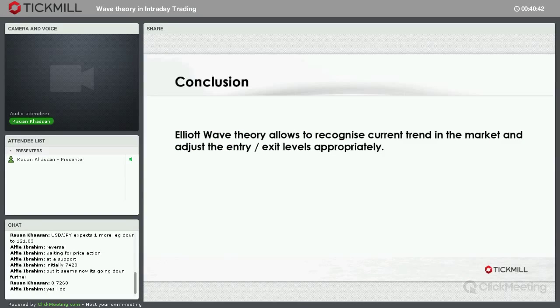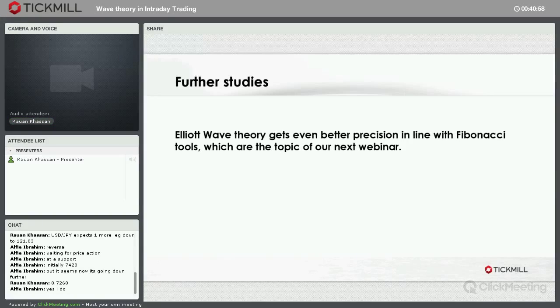So, time for a short conclusion. I have introduced to you that Elliott wave theory allows us to recognize current trend in the market and adjust the entry and exit levels appropriately. As a further studies, I invite you for our next webinar, which will be focusing on Fibonacci tools, in particular Fibonacci retracement tools.